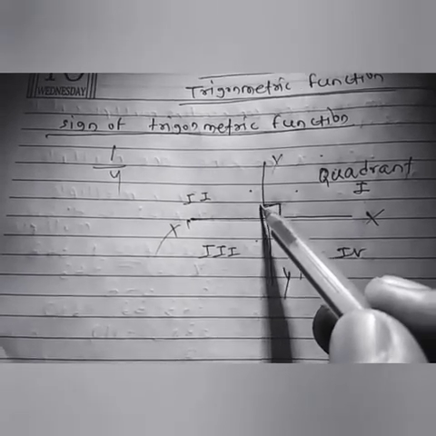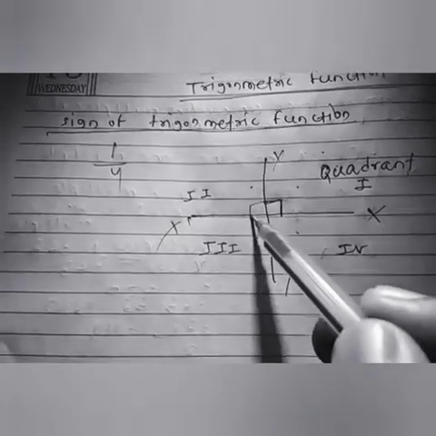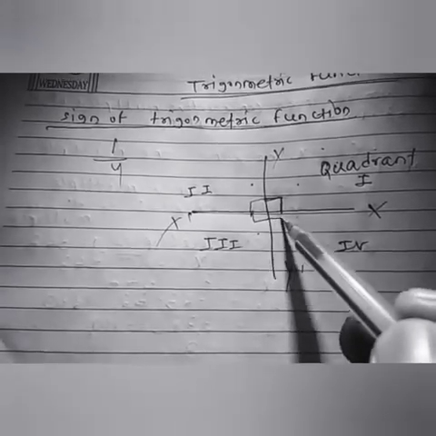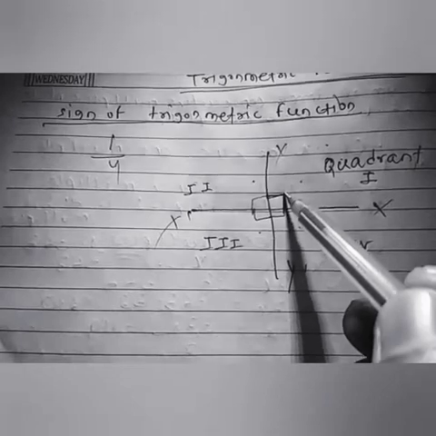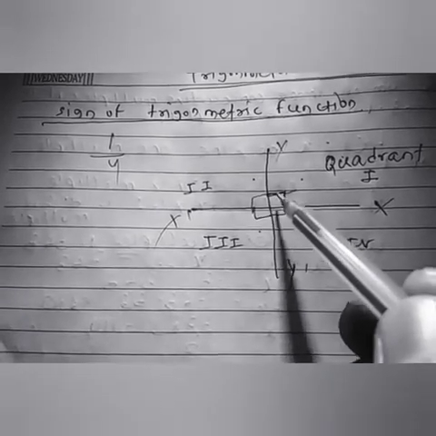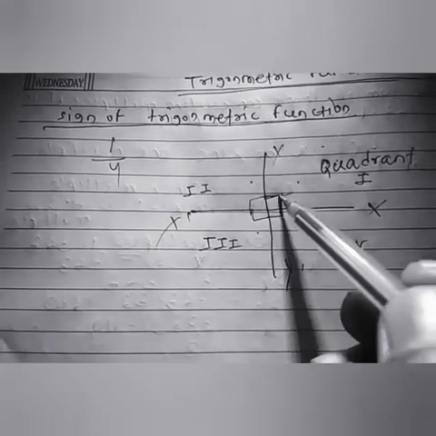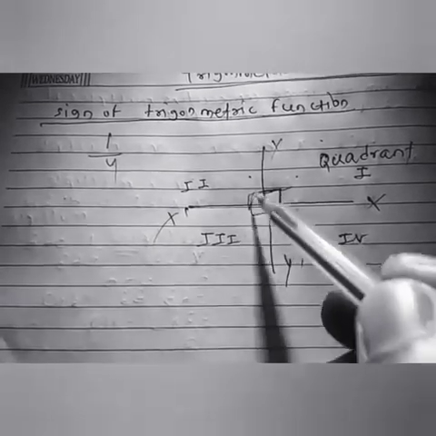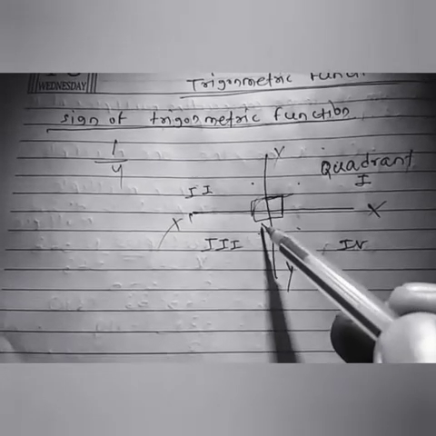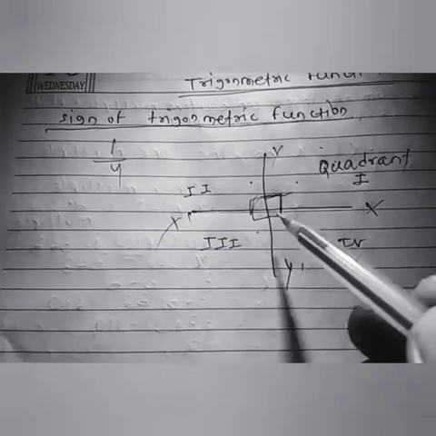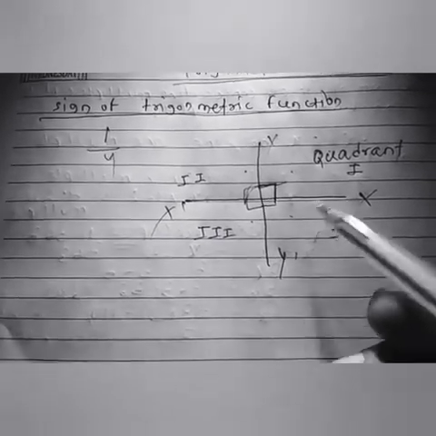Here is also 90 degrees, here is also 90 degrees, and here is also 90 degrees. If we go to the second quadrant, then 90 is added and it becomes 180. Then 90 is added, it becomes 270, and the whole circle is 360 degrees. Just remember there are 4 quadrants.